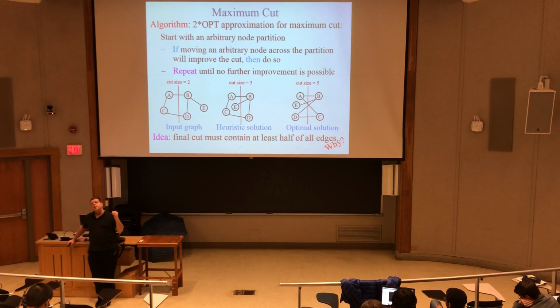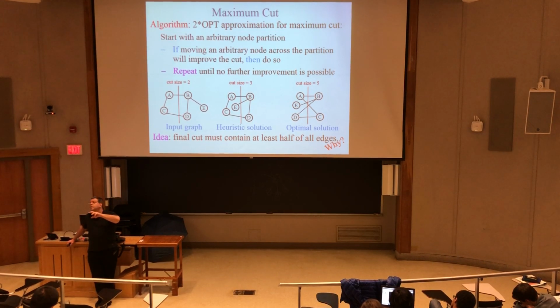So when this heuristic finishes, there's no node, or let me put it in the positive. When this heuristic finishes, every node has more neighbors across the cut than in its own part of the cut. Which means half the edges of the graph cross the cut. How many see that? Good.